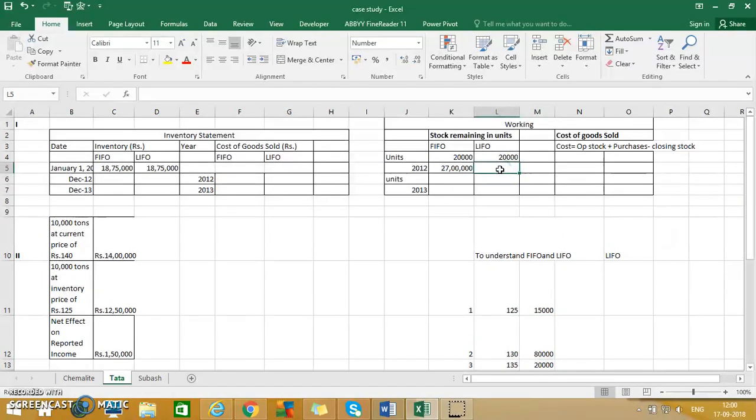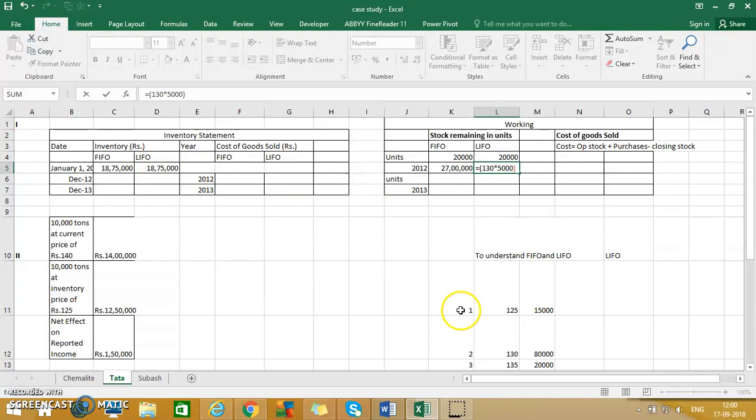So, it is equal to 130 into 5,000 plus the opening stock as it is.